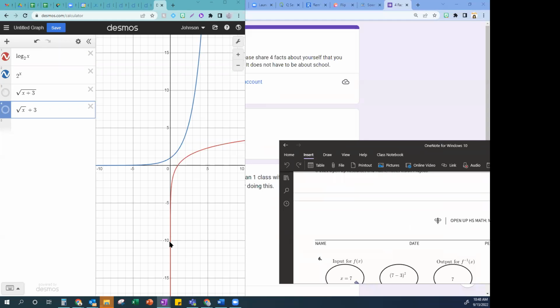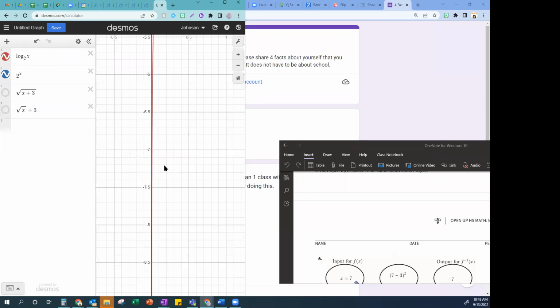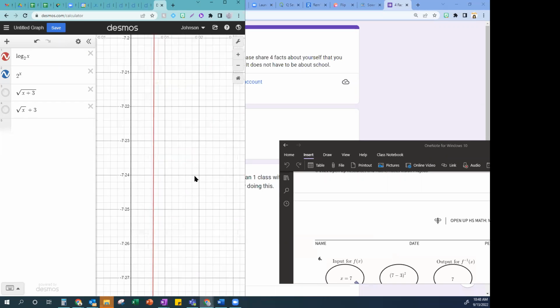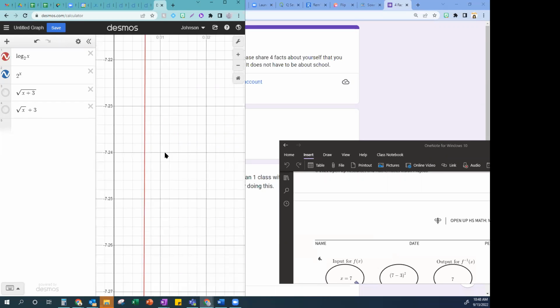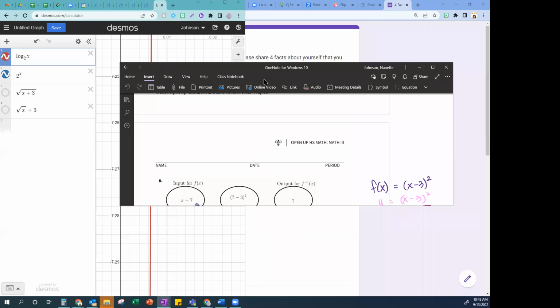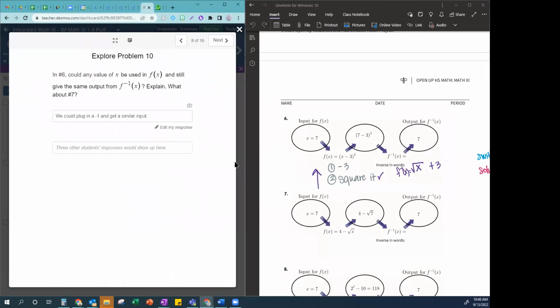Even though it looks like it's going to be a vertical line, it's really not. As you get closer and closer, as I zoom in, it's getting closer and closer. But it also has this curve to it, where it's actually getting smaller on the x side. Okay, so just keep that in mind. So that answer is number 10 for that one.